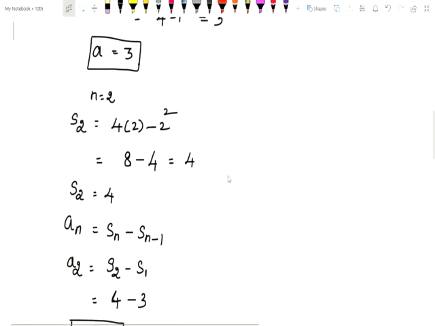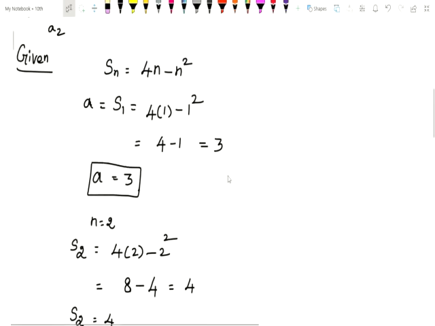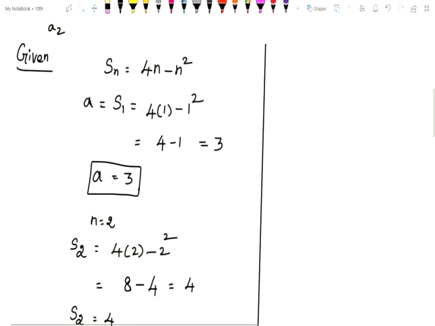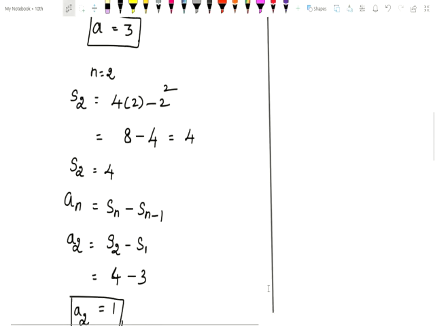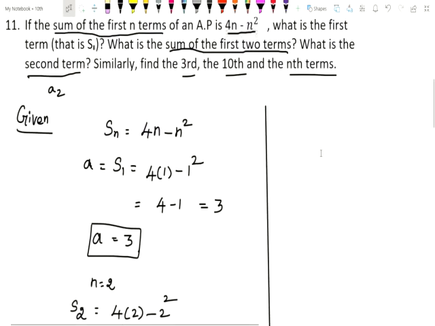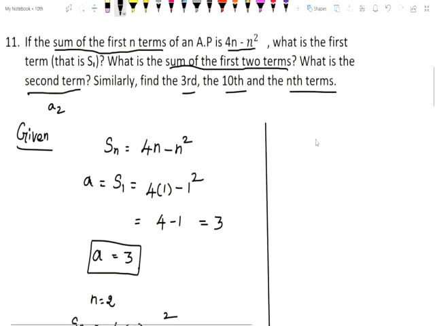Next we need to find out the third term. So first you find S3 equal to 4 into 3 minus 3 square.